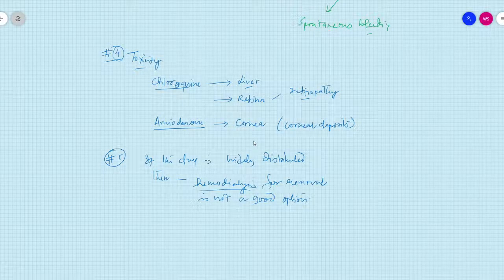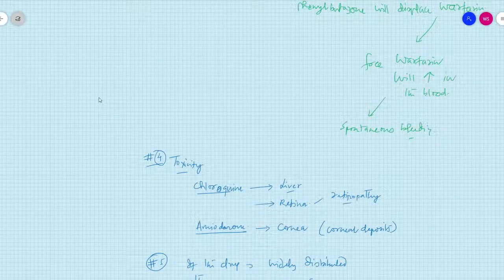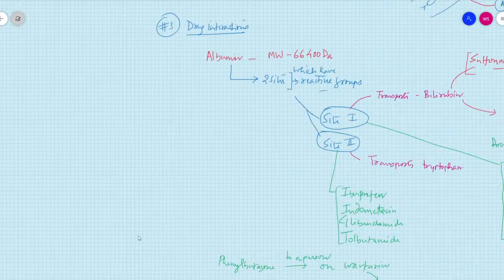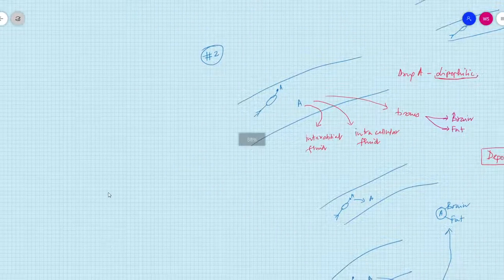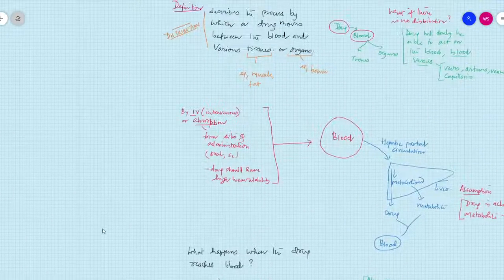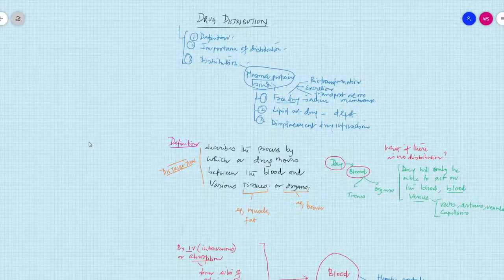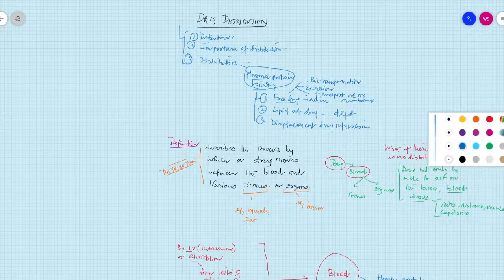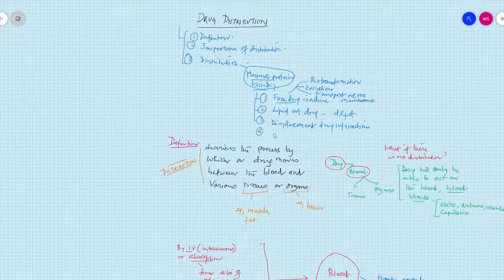So let's write this again as the consequence. We looked at 3 consequences, and then there is this 4th consequence, which is the toxicity of drugs in certain organs or tissues.